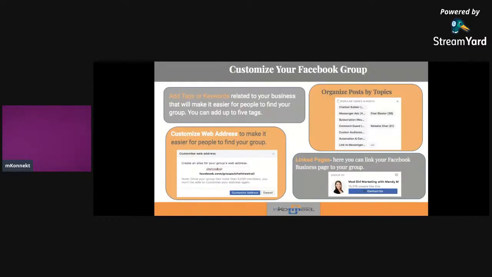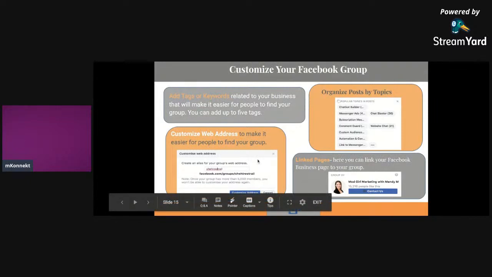All right, and then there are a few things that you can do in terms of how you organize the Facebook group, what topics you want to organize in them, if there's any specific web address you want to add, and most importantly, you can link a group to your page.